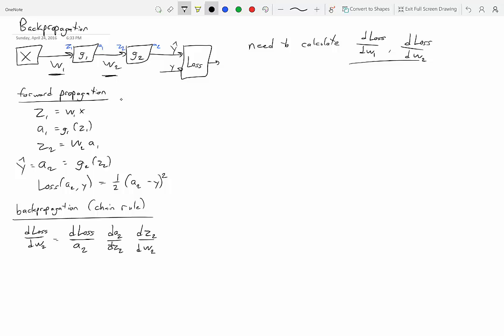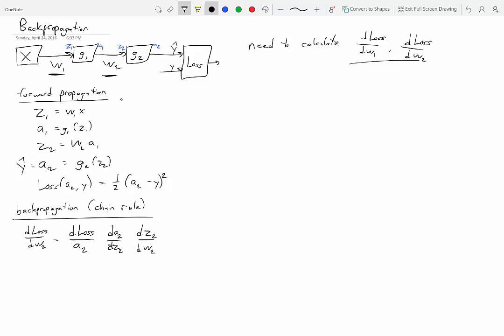First let's ignore where these came from and check that this is a valid use of the chain rule. This is Leibniz notation, so you can just do dimensional analysis to check that it works out. A2 and A2 are on top and bottom, so they cancel. Z2 and Z2 are on top and bottom, so they cancel. So the right side ends up being dloss/dW2. So this is a valid expression.